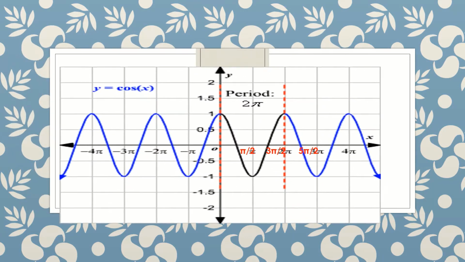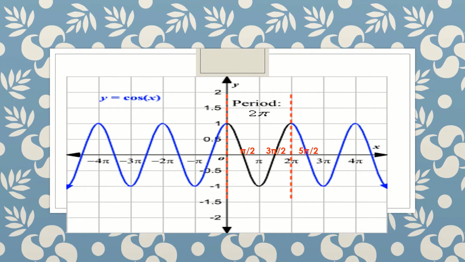Now let us see the graph of y equals cos x, or y equals cos theta. As you can see, the graph of the cosine function starts on the y-axis at the point 1, unlike the sine function which starts at 0.